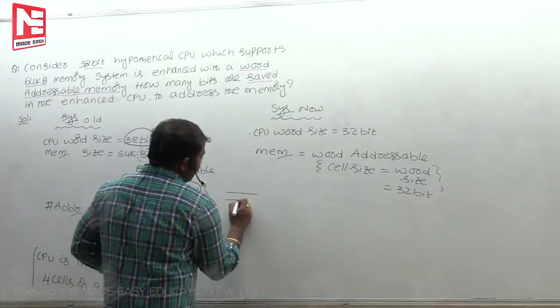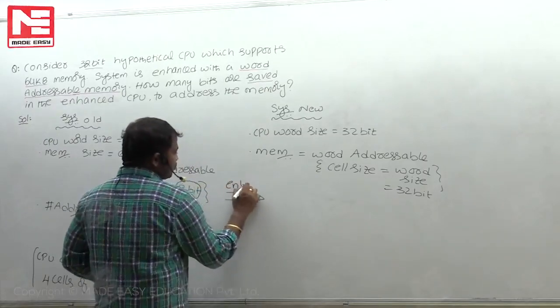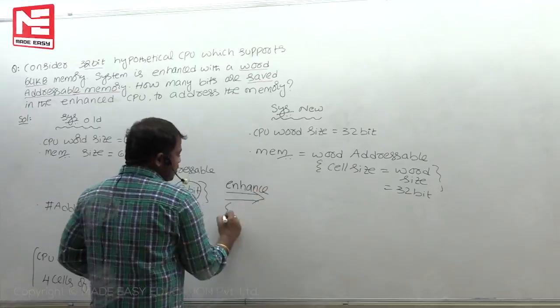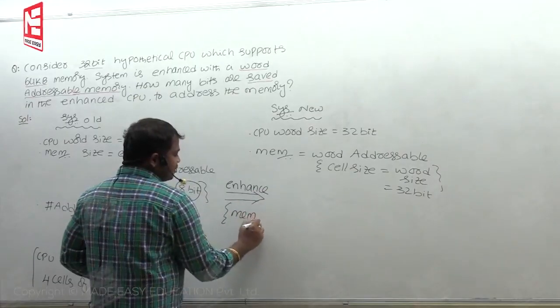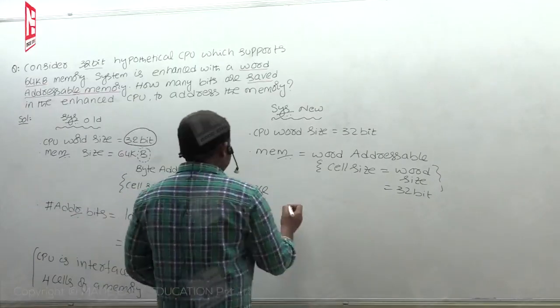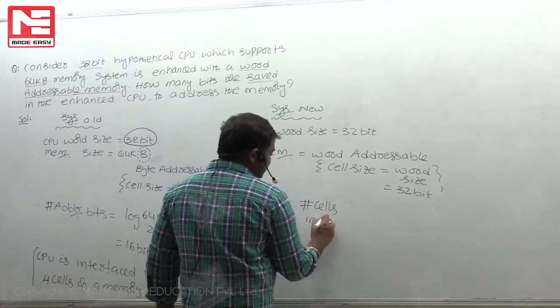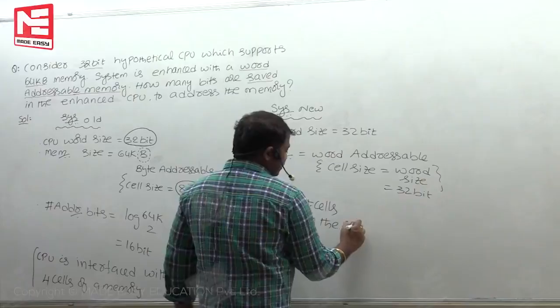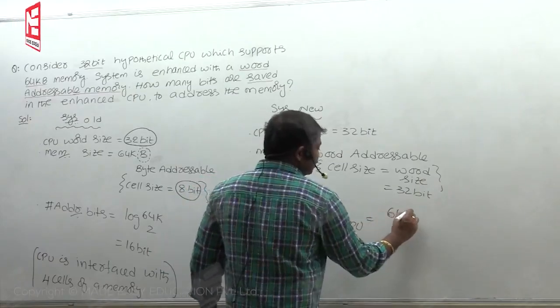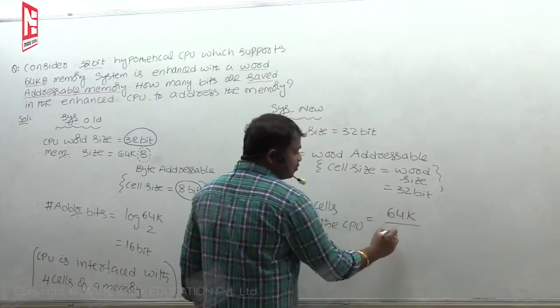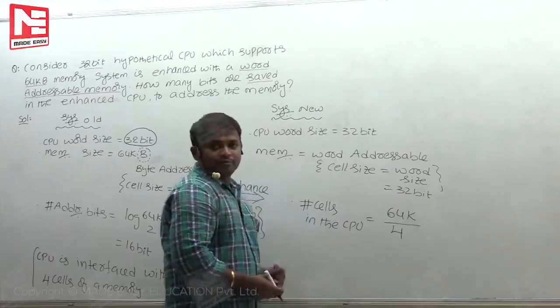So, here is the enhancement in terms of memory. Therefore, number of cells in the chip equals 64 kilocells divided by 4 cells grouped into one cell.